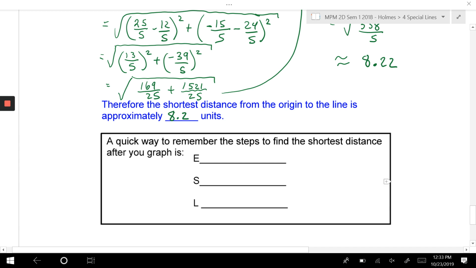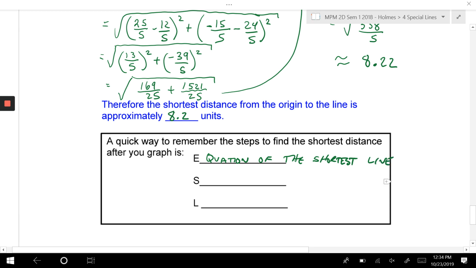So again, in order to be able to walk through this, you have to have the big picture idea. One way of trying to remember that is this ESL acronym, where we find the equation of the shortest line. Right, you got to remember that it's perpendicular, but when we sketched it out, it seemed reasonable.